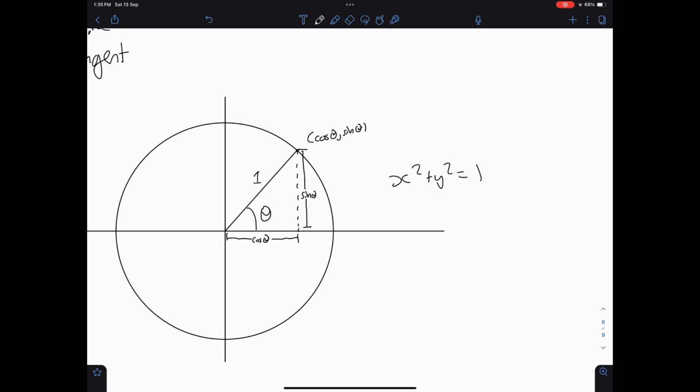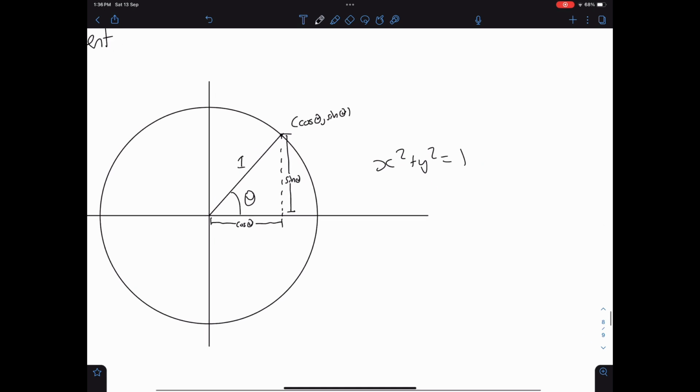And so that is our definition of cosine and sine. Cosine is the x-coordinate of the point of intersection of a radius of a unit circle with the circle when the radius makes angle theta with the x-axis. And sine theta is the y-coordinate of what I just said.